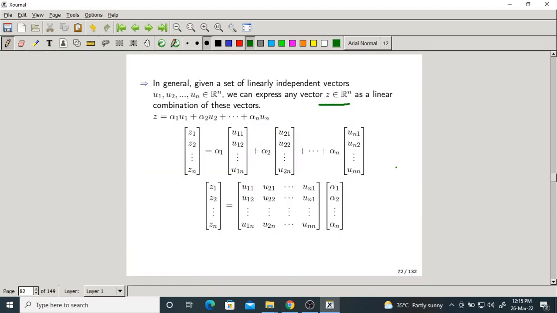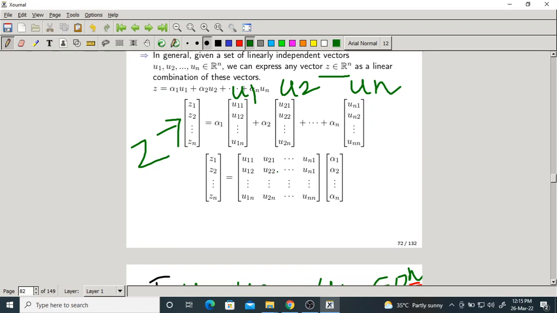This is z, this is u1, this is u2, this is un. If you combine them properly, you get the matrix form: the vector z, the matrix u, and the vector alpha. Vector z contains z1, z2, zn.